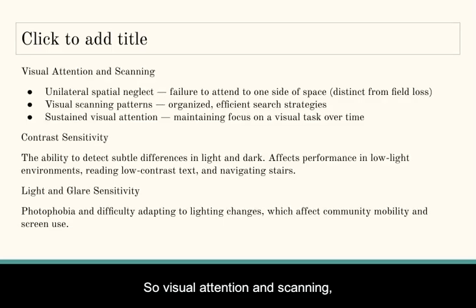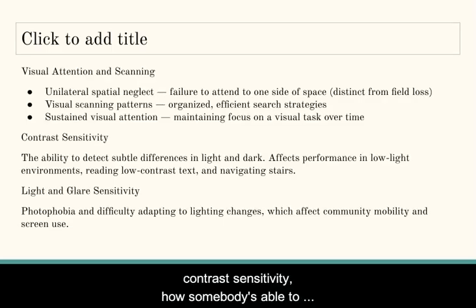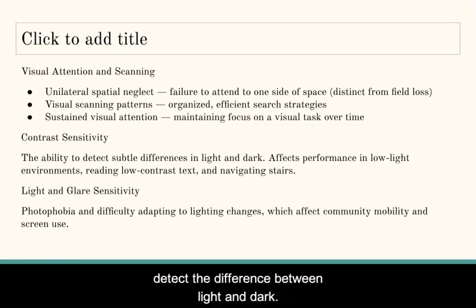So visual attention and scanning, contrast sensitivity, how somebody's able to detect the difference between light and dark. So this is really impactful during low light environments, reading low contrast text and navigating stairs.